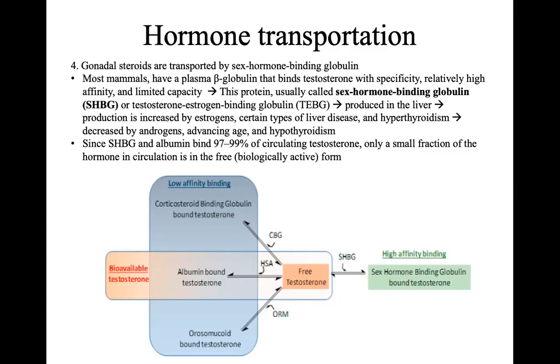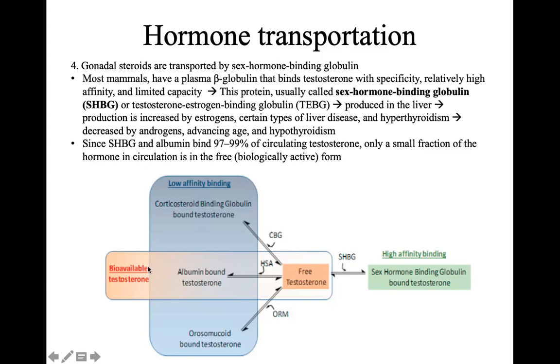Most of them, 99% of them, are bound to the SHBG because they are lipid hormones. They cannot be transported and cannot be active without attachment to this transport protein. The figure below illustrates this in diagram form.